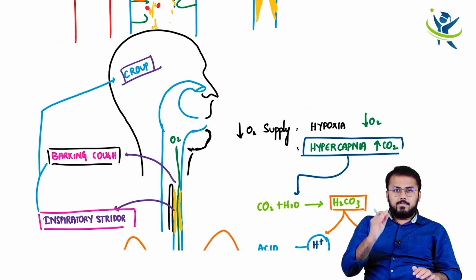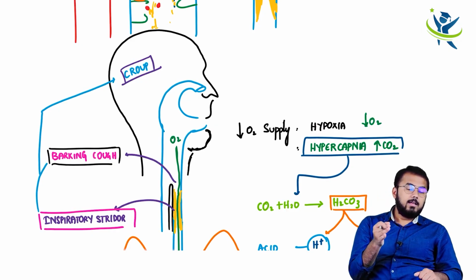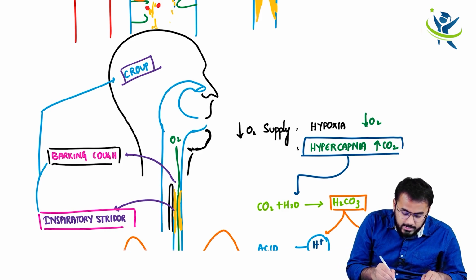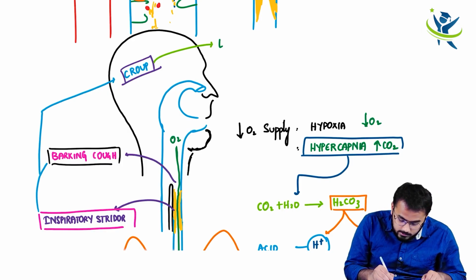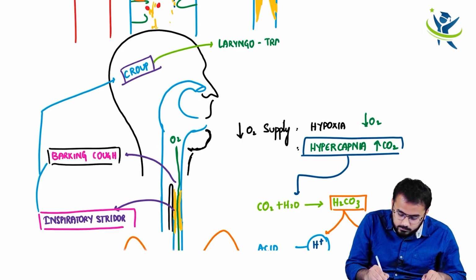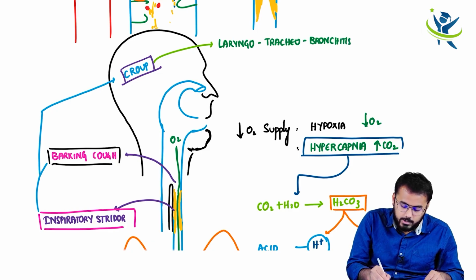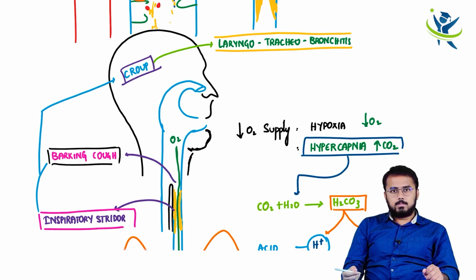And croup even affects your larynx, your trachea, and your bronchioles, and that is the reason why the other name for croup is laryngotracheobronchitis.